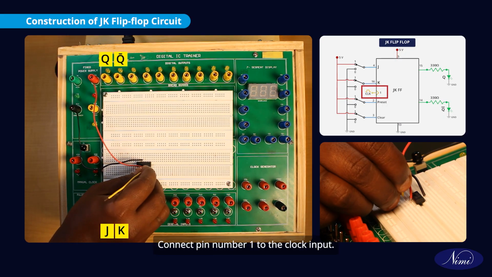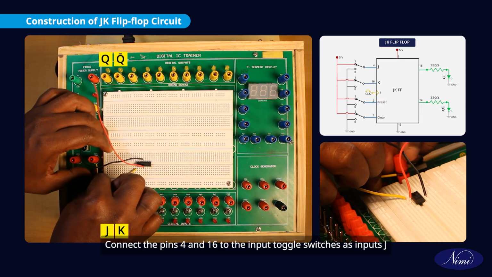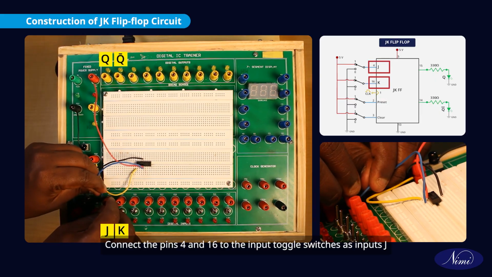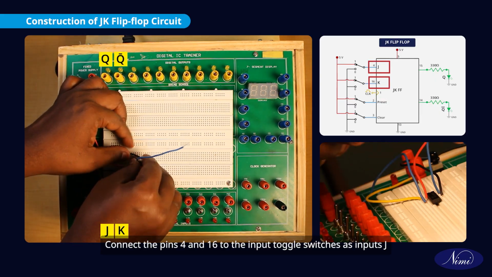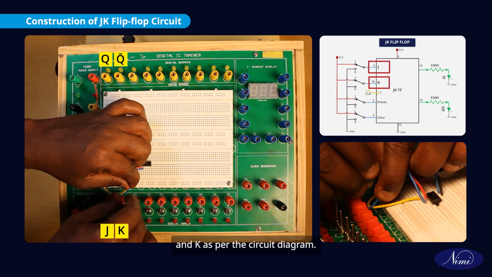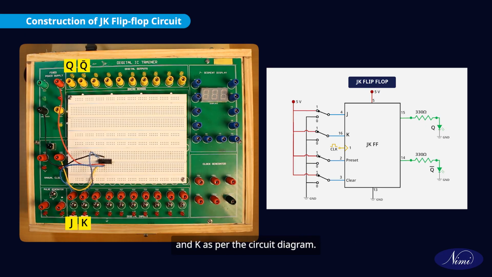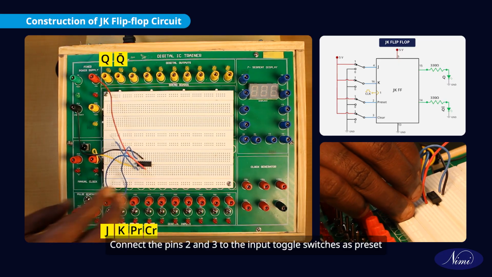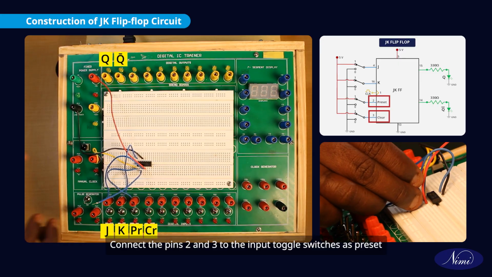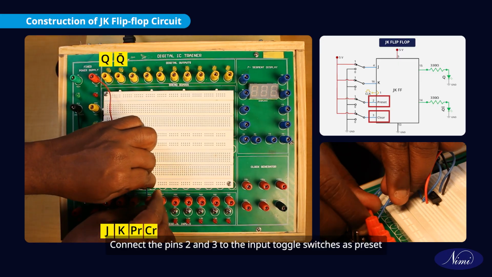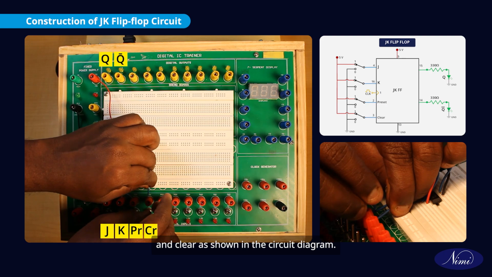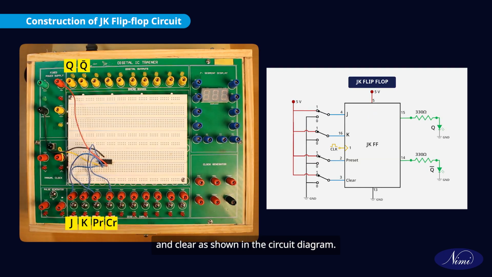Connect pin number 1 to the clock input. Connect the pins 4 and 16 to the input toggle switches as input J and K as per the circuit diagram. Connect the pins 2 and 3 to the input toggle switches as preset and clear as shown in the circuit diagram.